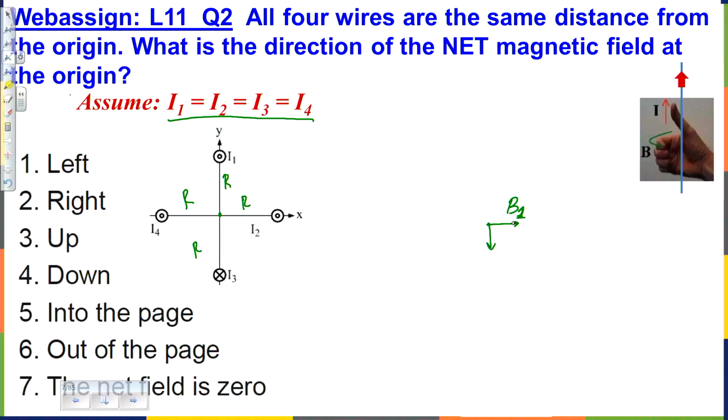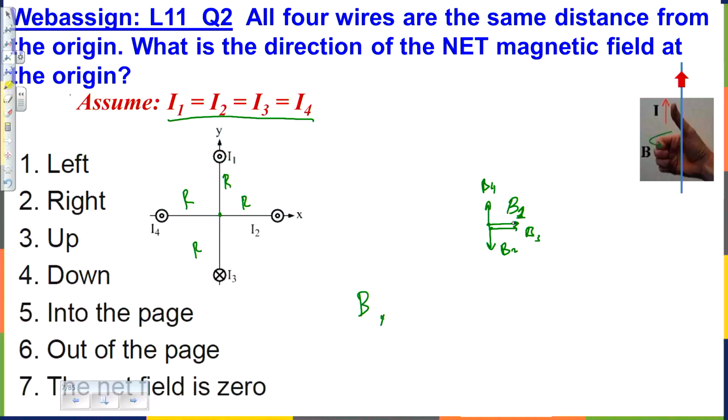So B1, B2, B3, B4. These are four vectors, four individual vectors. To calculate the net vector, we have to apply the same procedure we've done before.